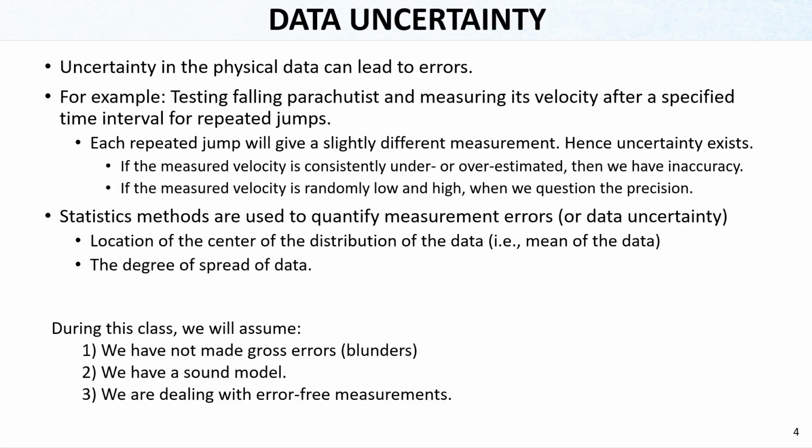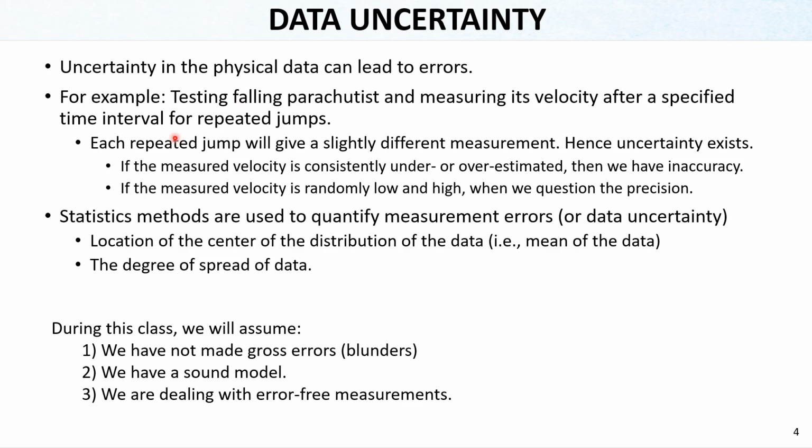In this slide, we will talk about data uncertainty, and specifically the uncertainty term actually means errors, but the error when we make repetitions of tests or measurements, if we have different results, that kind of error is uncertainty. For example, we want to test a falling parachutist and try to measure its velocity.